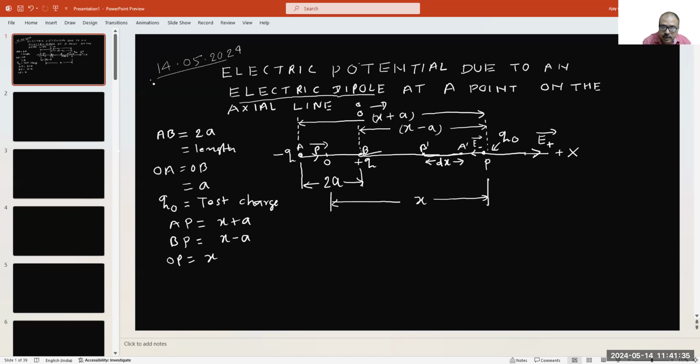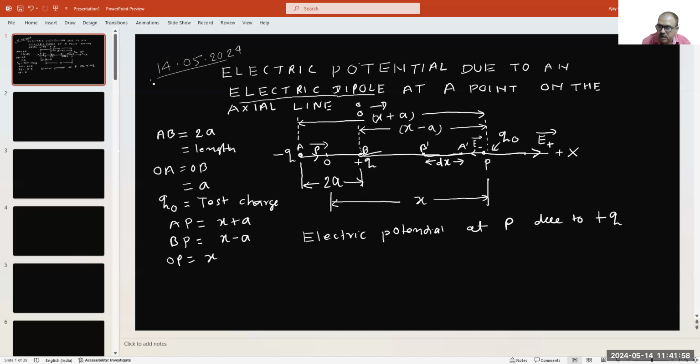How to write the electric field? And electric potential. Electric potential at point P due to the positive charge, we are going to calculate first.